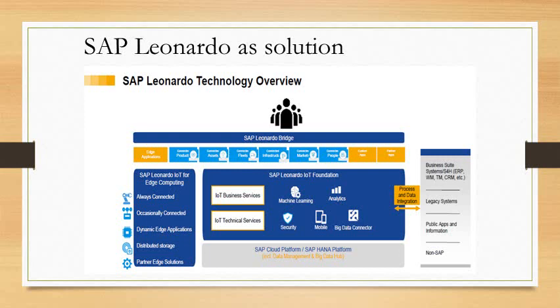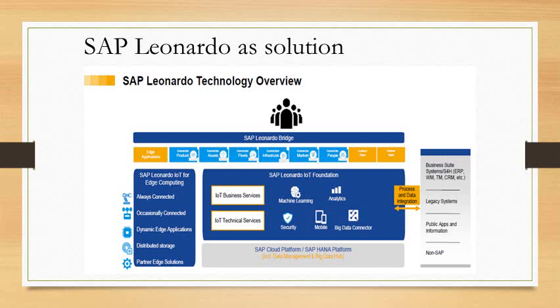SAP Leonardo applications are standard applications to use in customer-specific IoT scenarios. In this way, the IoT business services and IoT technical services process the data and integrate it with different systems like public apps and information, non-SAP legacy systems, business suite systems, S/4HANA, ERP, warehouse management, transport management, customer relationship management, etc.